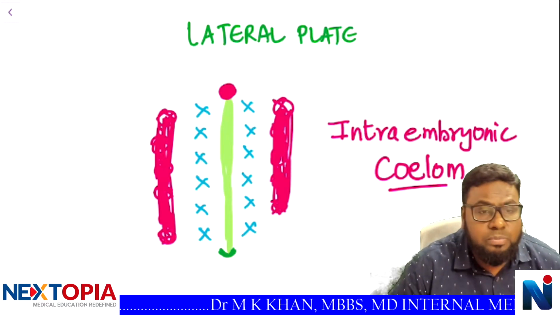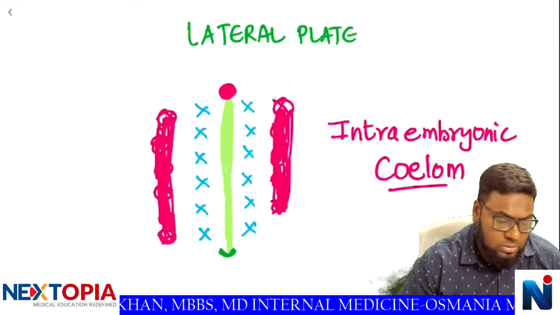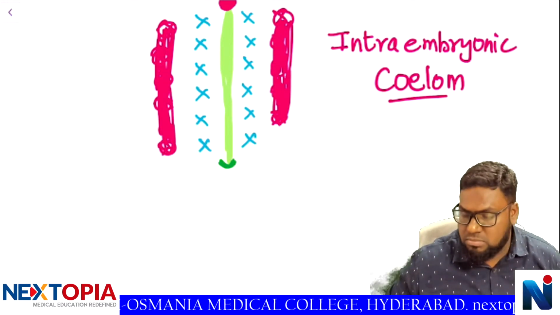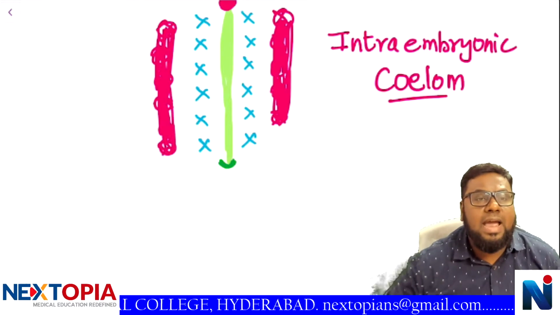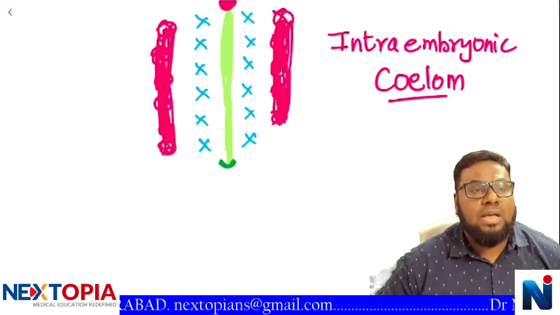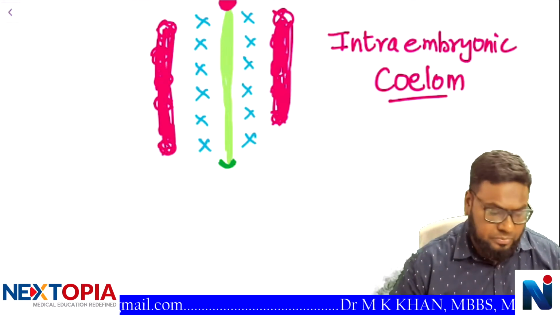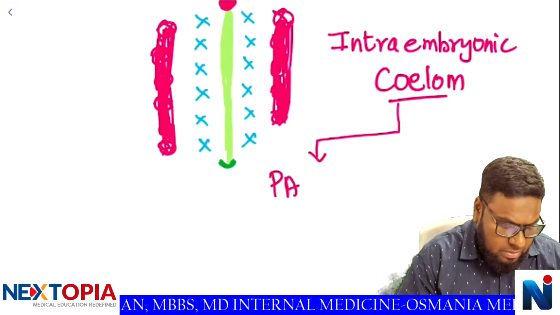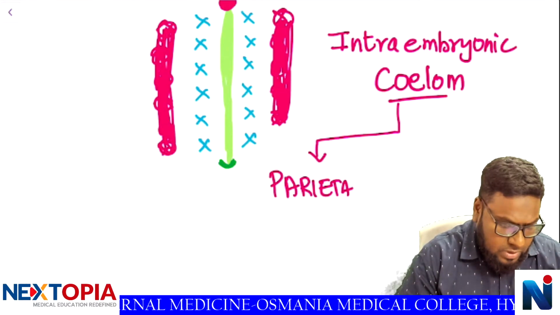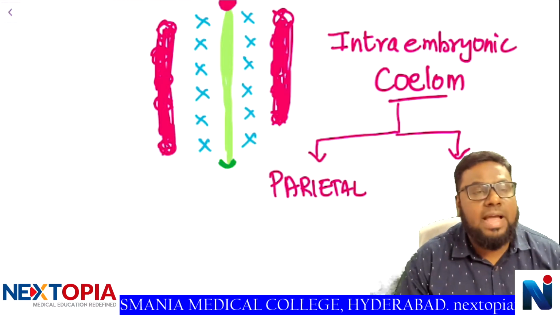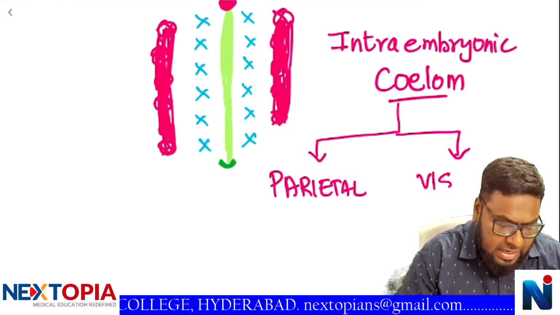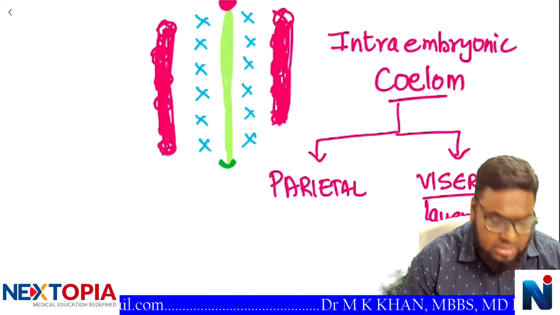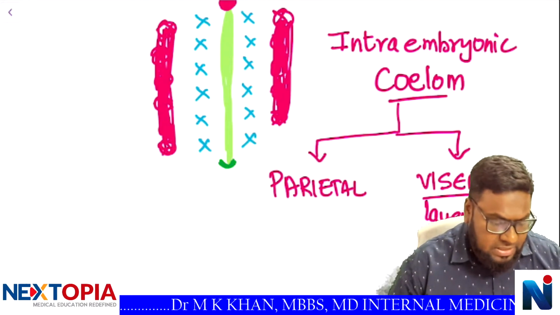This intraembryonic coelom splits into the somatopleuric or parietal layer, which comes in contact with the ectoderm, and the splanchnopleuric or visceral layer. Parietal means outside, visceral means the organ system. So it splits into two halves.